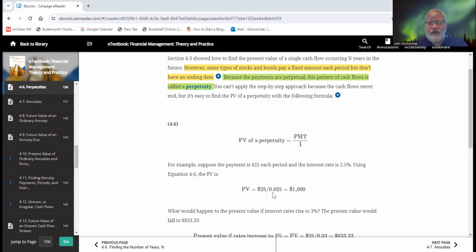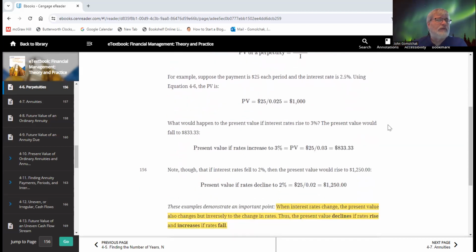So that $25 payment says that the investment has a present value of $1,000. Okay, so we can set that up in our little Excel chart if we want. I didn't bother doing it because it's just such an easy calculation.